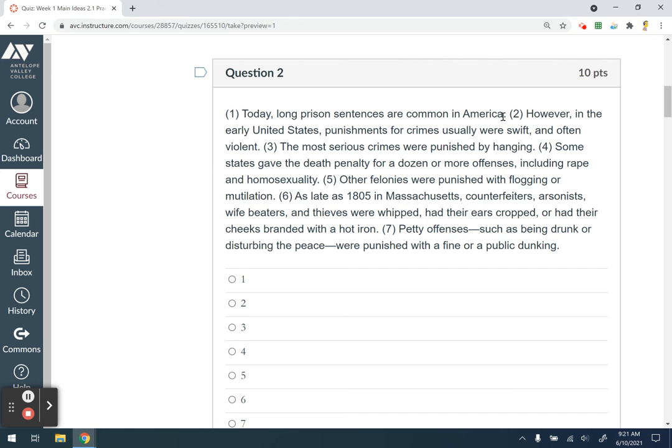What's a sentence that contains information about both crime and punishment? That would be sentence 2. However, in the early United States, punishments for crimes usually were swift and often violent. And they give you examples here, the supporting details in sentences 3 through 7. So sentence 2 is our answer for the main idea.